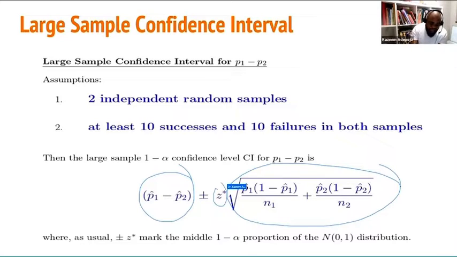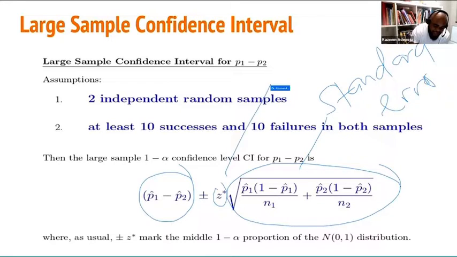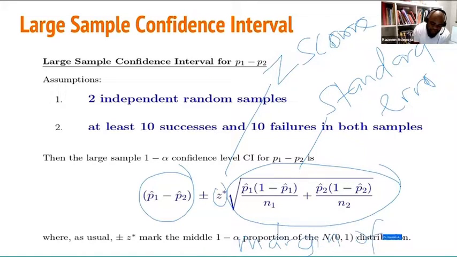So when I multiply the Z score by the standard error, that gives us the margin of error. Take a look at that.